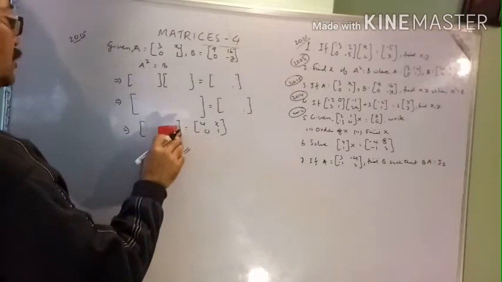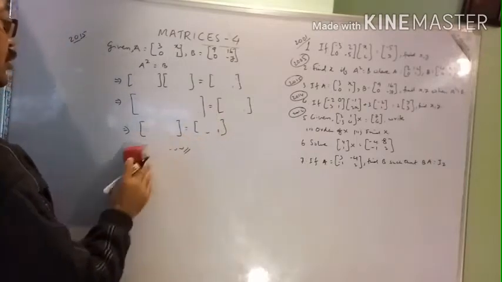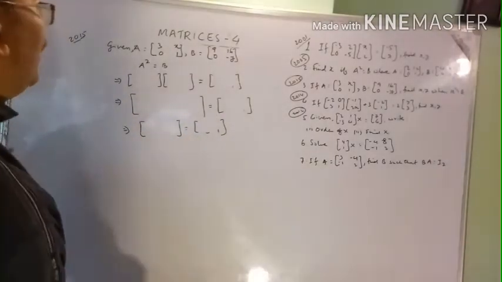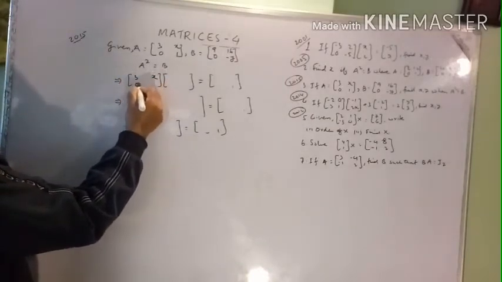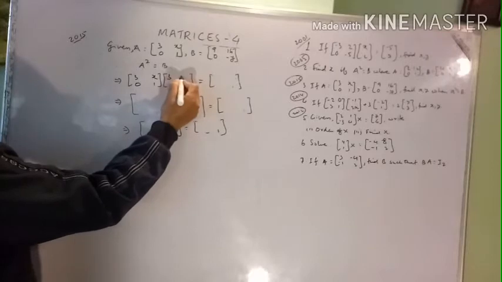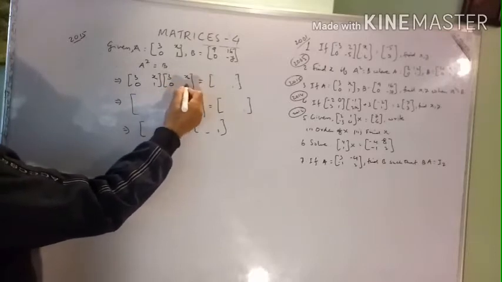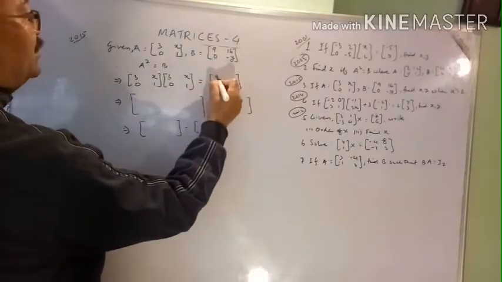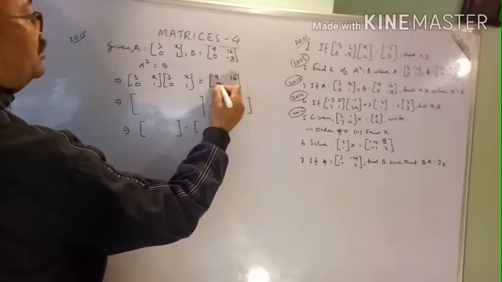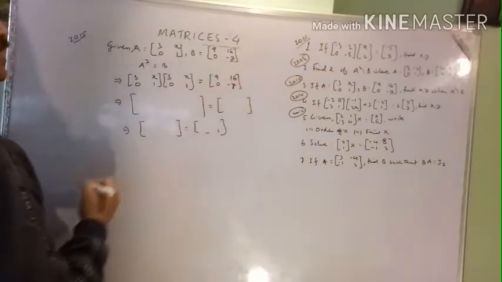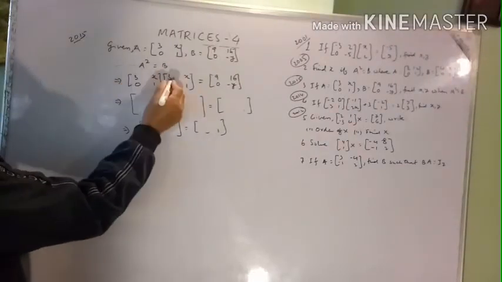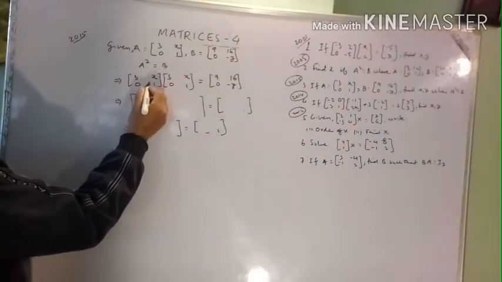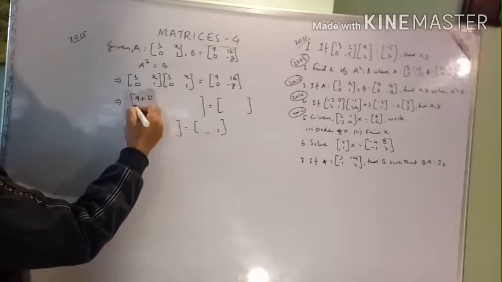Now let's see A square. So A is [3, x; 0, 1] times [3, x; 0, 1]. B is [9, 16; 0, -y]. Now once again multiply these two. So 3 3s are 9 plus x into 0 is 0.